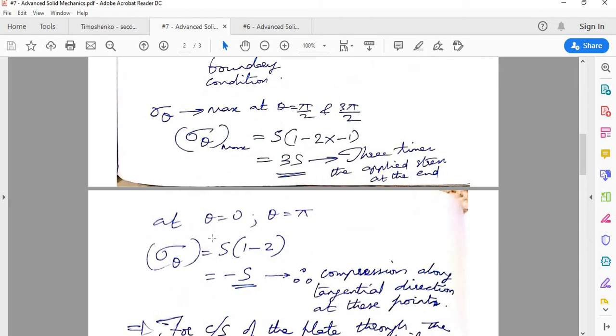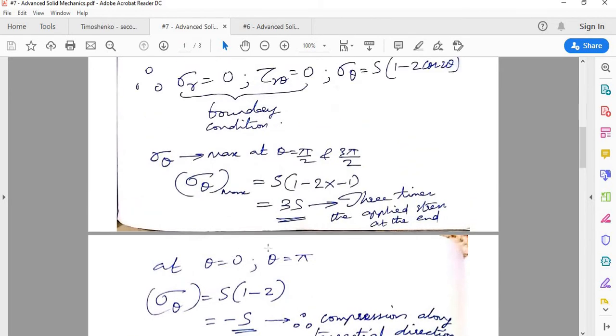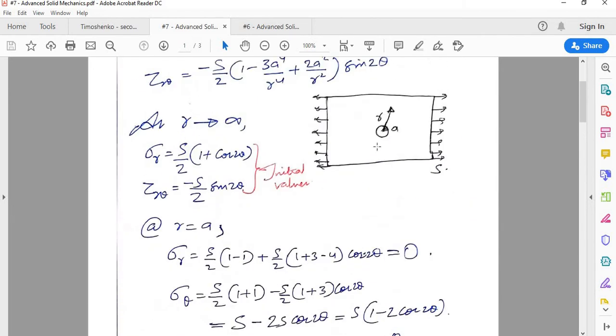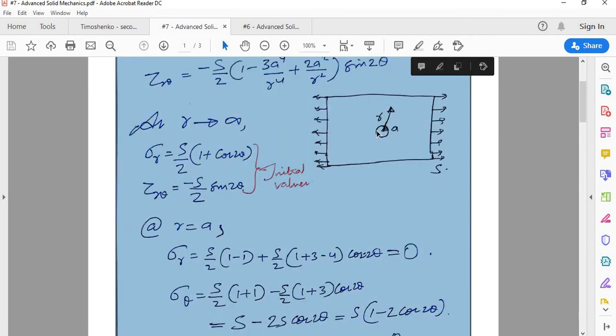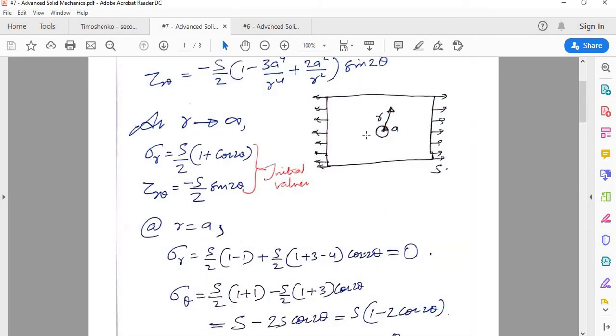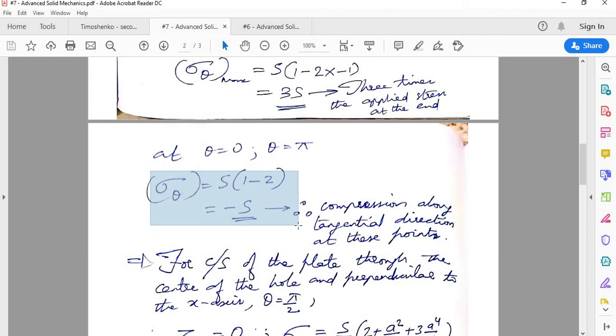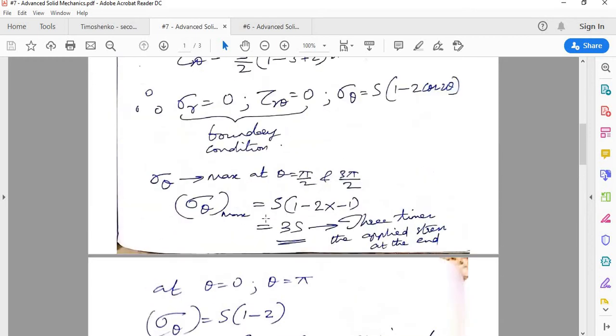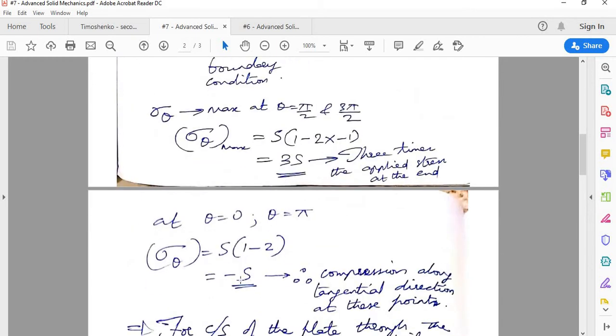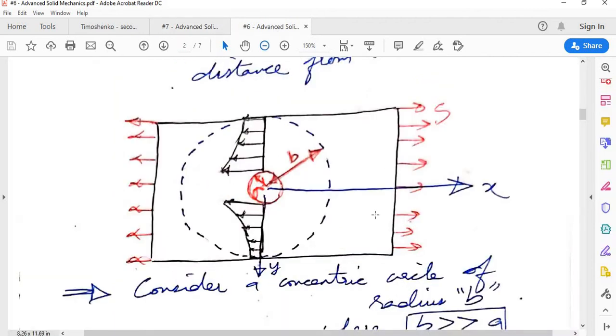Now when you substitute theta equal to 0 or theta equal to pi, which means these locations, you will get sigma theta equal to minus s. So the sigma theta is the negative of the actual applied stress, where the actual applied stress is s.